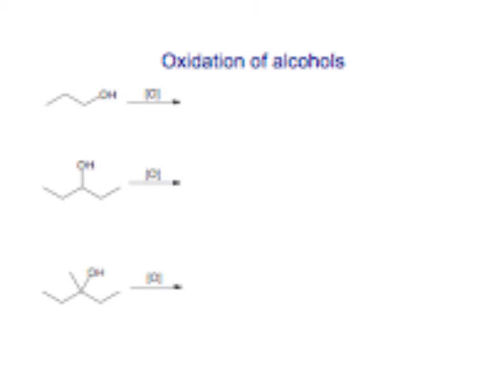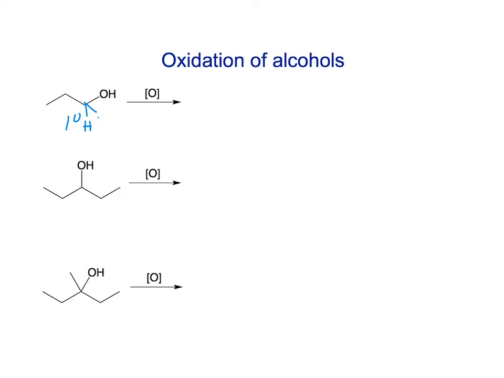Let's look at some general outcomes first. When we oxidize a primary alcohol, we lose an H off of the oxygen and an H off of the carbon that bears the oxygen, forming a pi bond to give us an aldehyde.